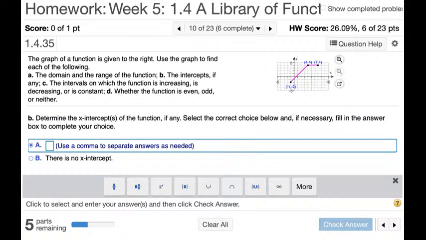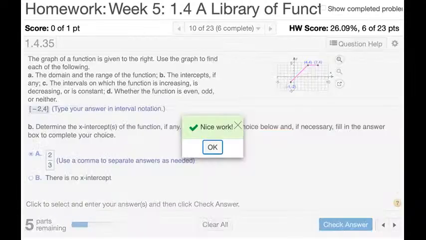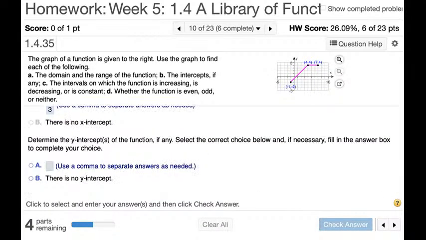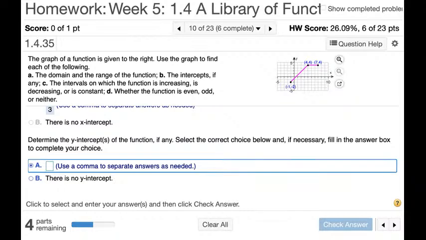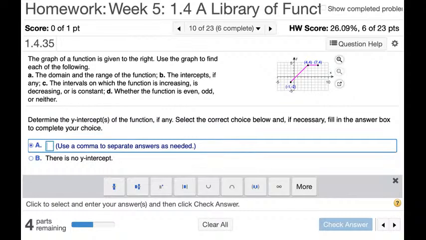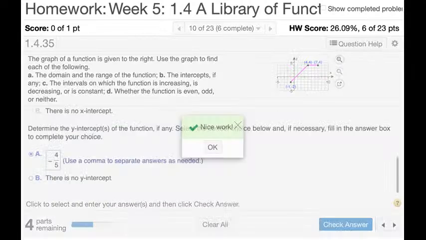Let's just do 2/3. Y-intercept. We have the y-intercept actually. The y-intercept of that same line was negative 4/5. Okay, I think that was it for that one.